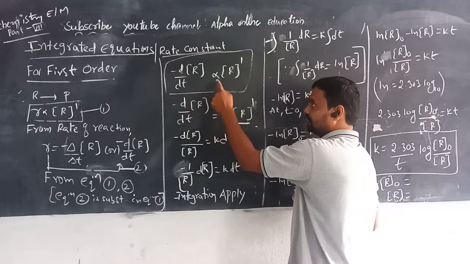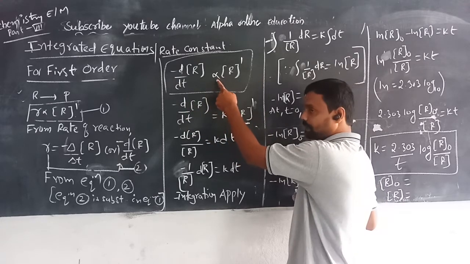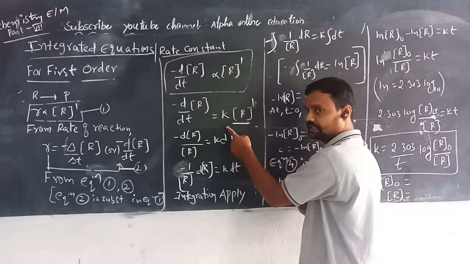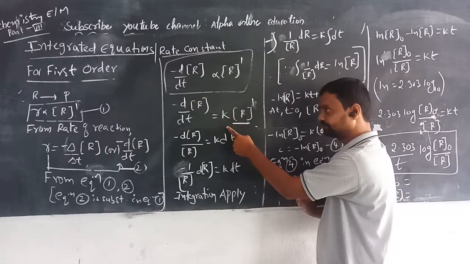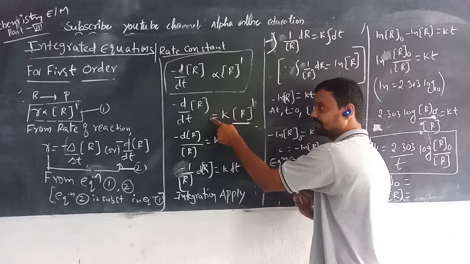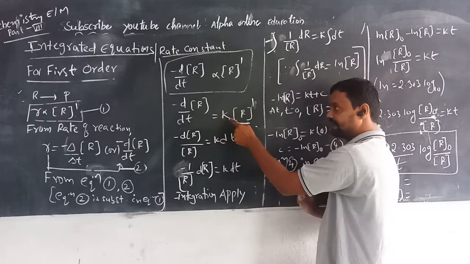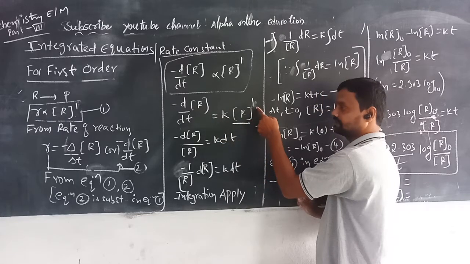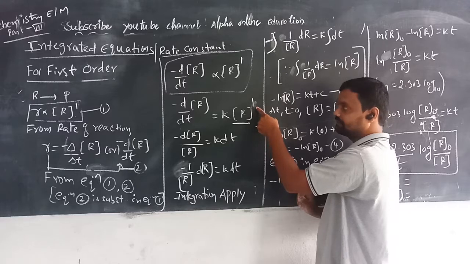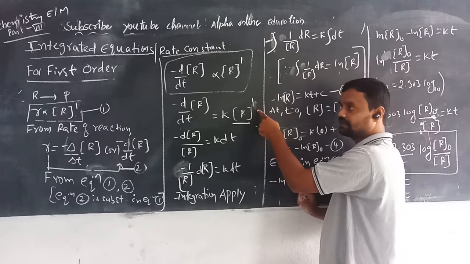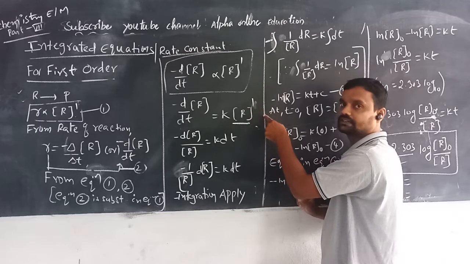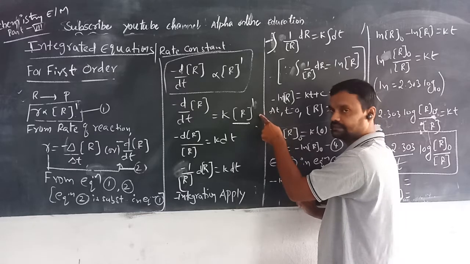Then, same concept, when we remove the proportionality we get the constant, here the constant is K. So minus d by dt of the reactant concentration is equal to K into the reactant concentration power 1. Power 1 means this is a first order chemical equation.